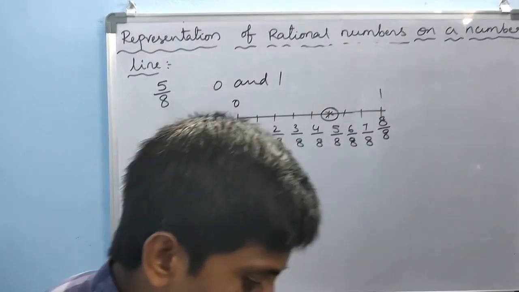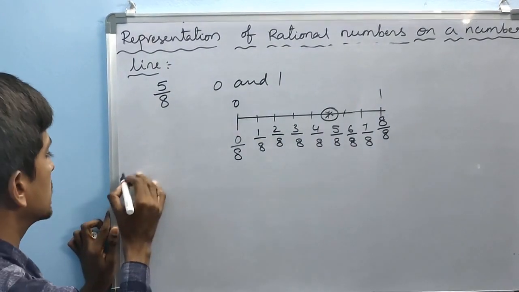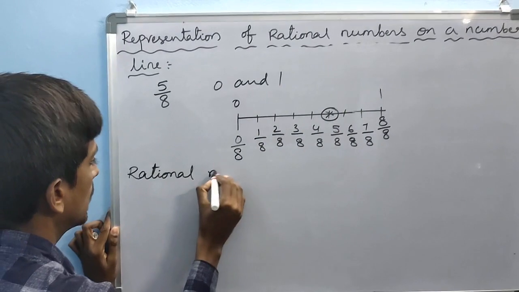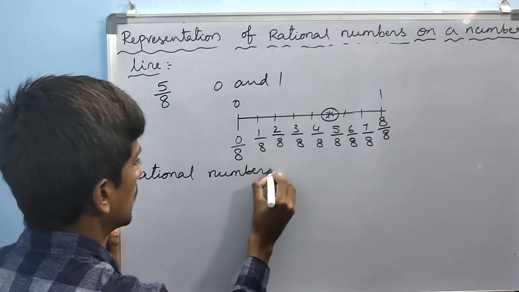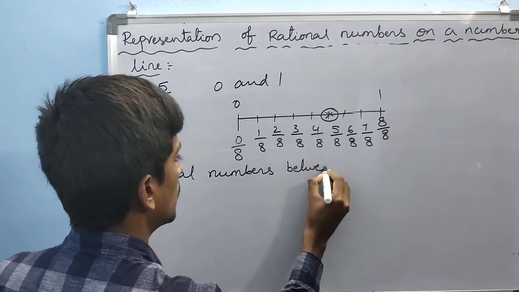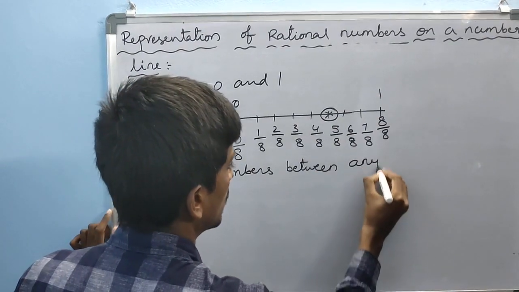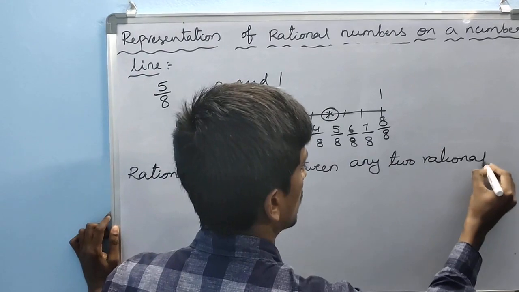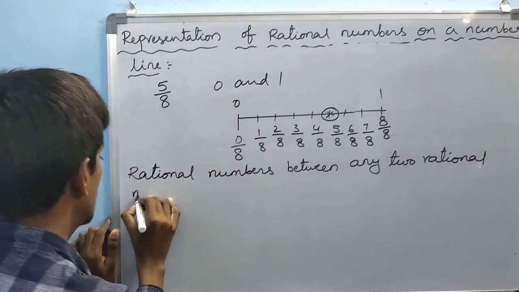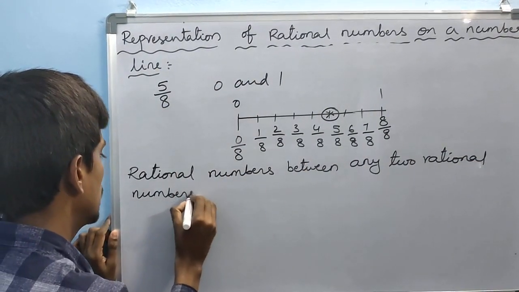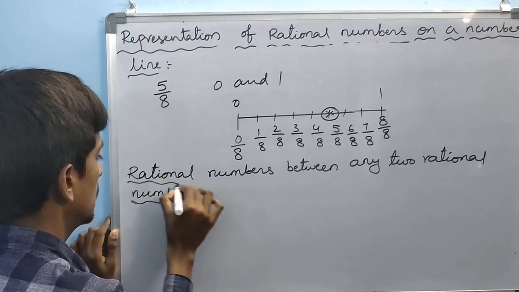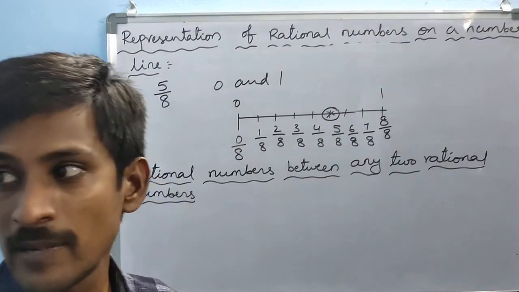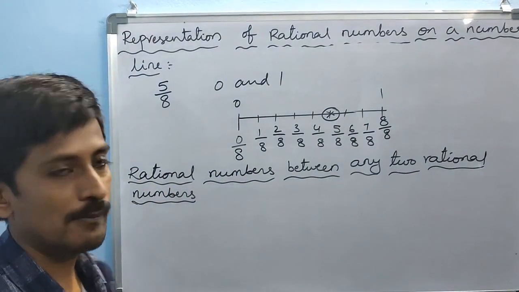The next concept is how many rational numbers are there between two rational numbers. How many rational numbers between any two rational numbers?